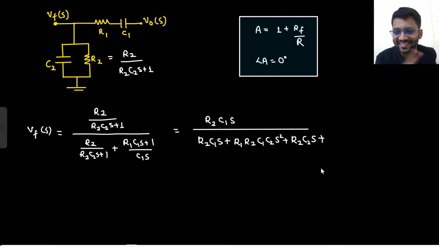I hope I am not missing anything. R2 C1S, okay. R1 R2 C1 C2S square, okay. R2 C2S, okay.